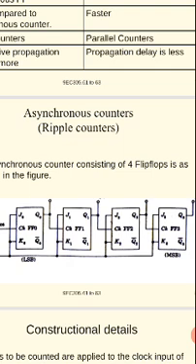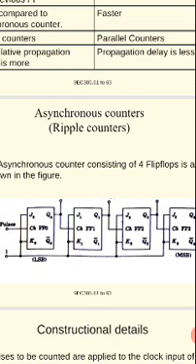Here all are J K flip-flops. Here the clock pulses are applied first, and then the output of the first flip-flop is given as the input clock to the next flip-flop, and so on.